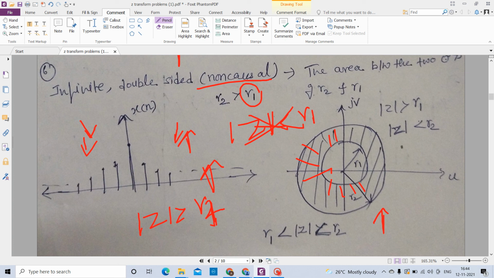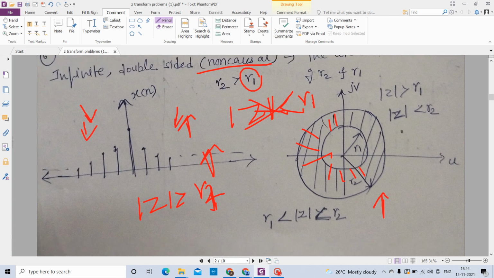Similarly, for the left hand side samples, when the samples occupied on the left hand side are infinite, the magnitude of z is less than r2. Then the region of convergence occupies the interior of the circle of radius r2.